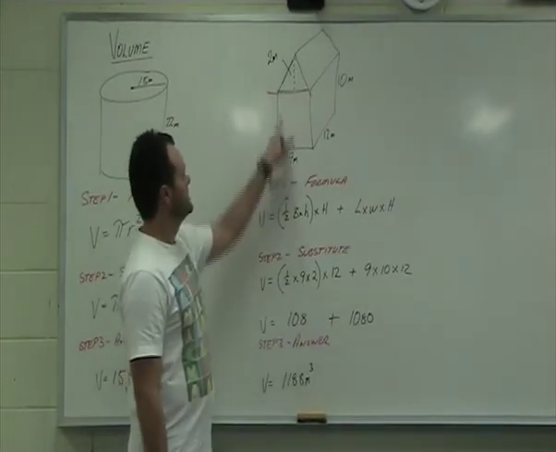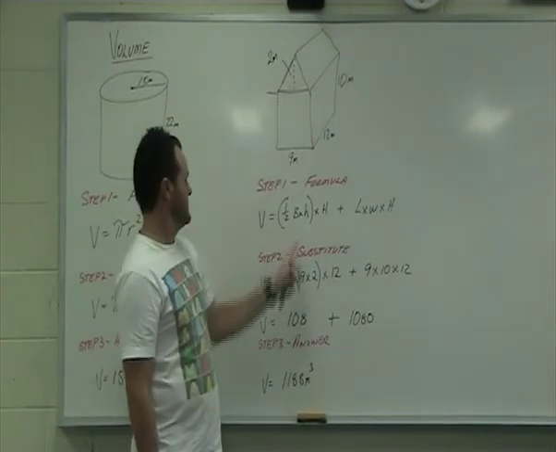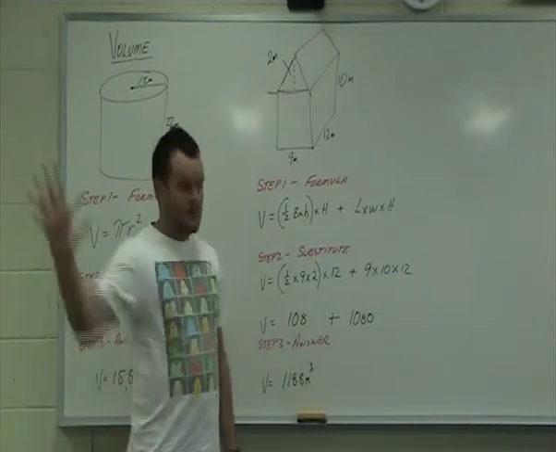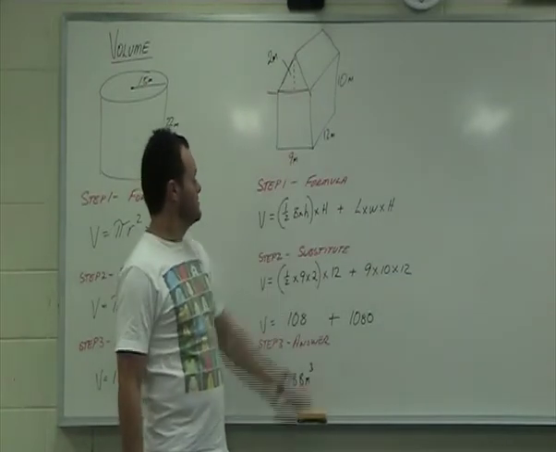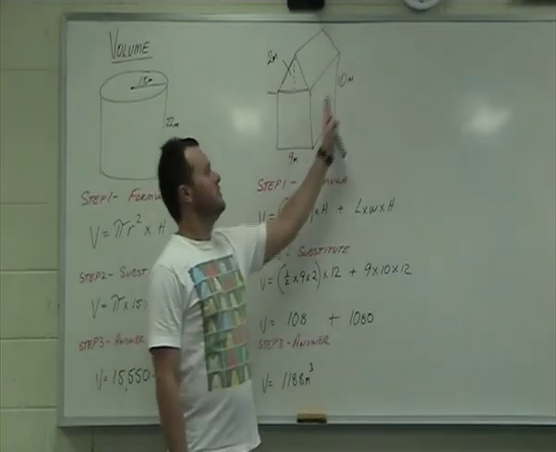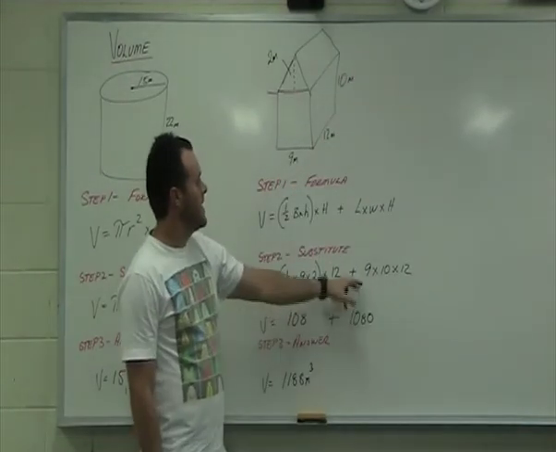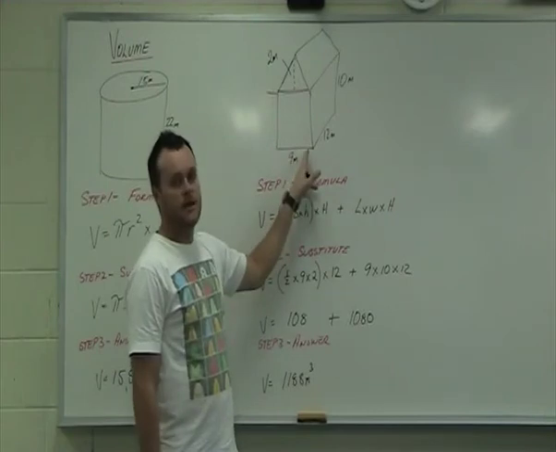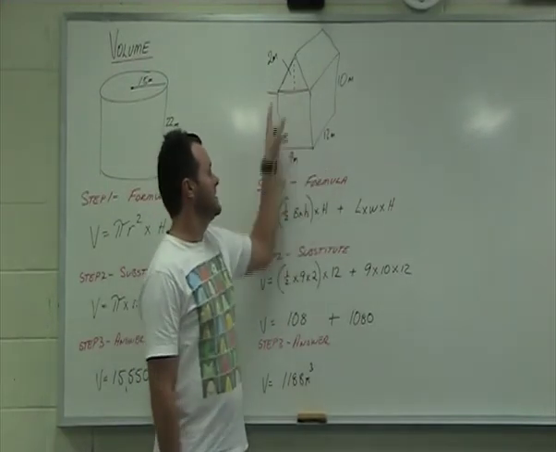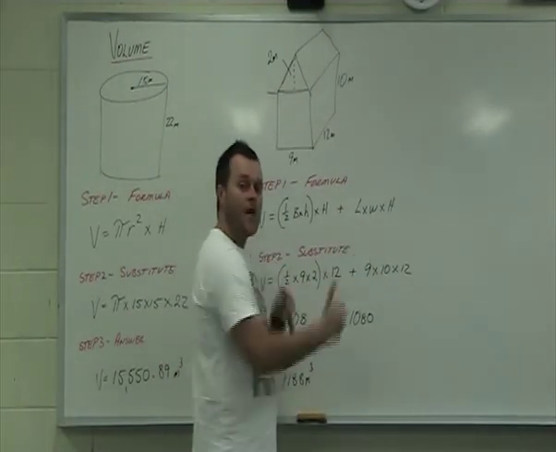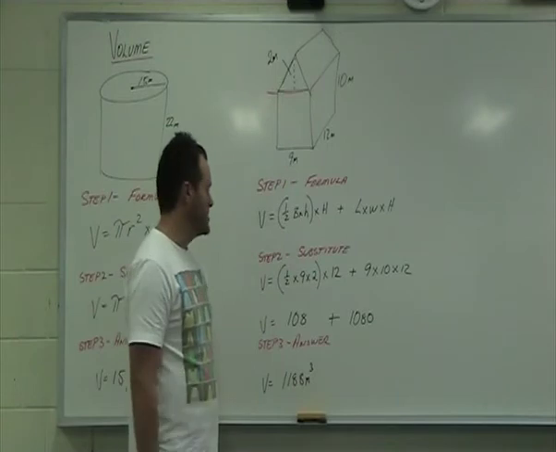So, half times 9 is our base for our triangle, times 2, which is our height, multiplied by 12, which is the height of the prism. We then have 9, which is our length or width for our rectangle, times 10 to get our rectangular shape, multiplied by 12 for our height of the prism, which is our third dimension.